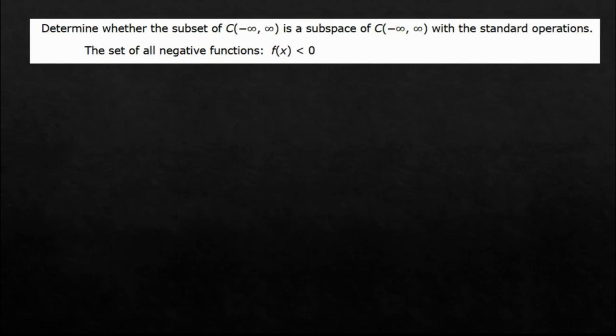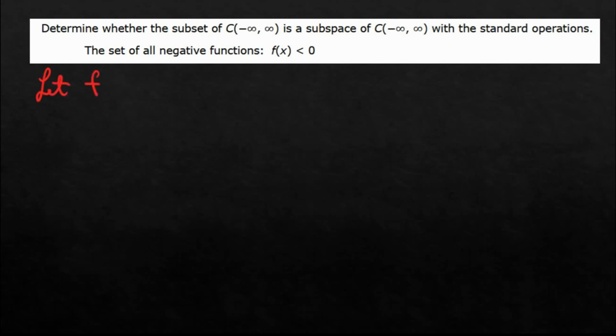Let's look at this first one. Determine whether the subset of C, the space of all continuous functions on the set of all reals, is a subspace of this superset with the standard operations. What set? The set of all negative functions f(x) less than 0.